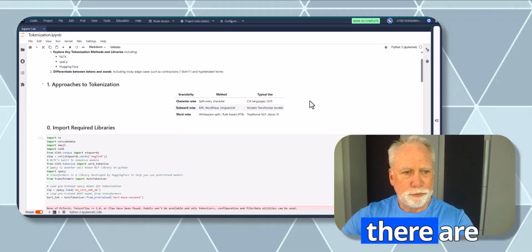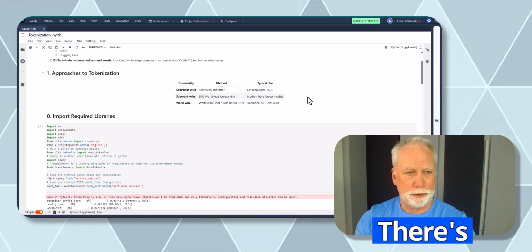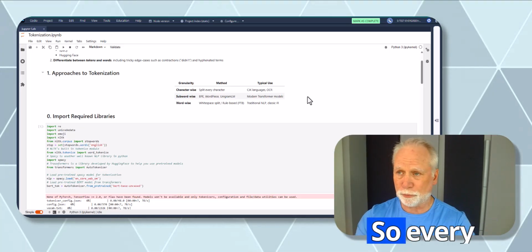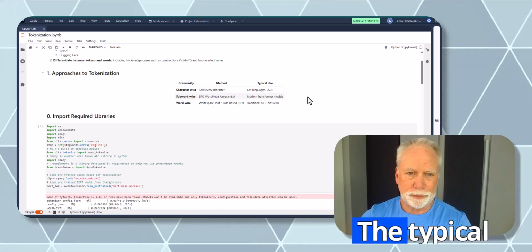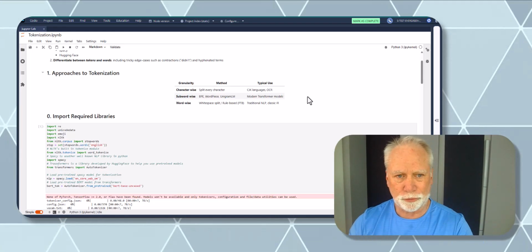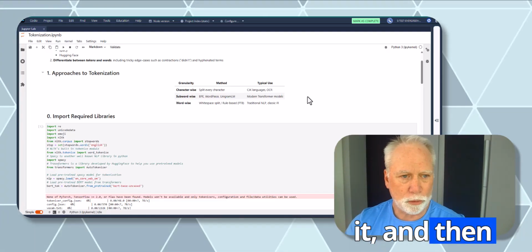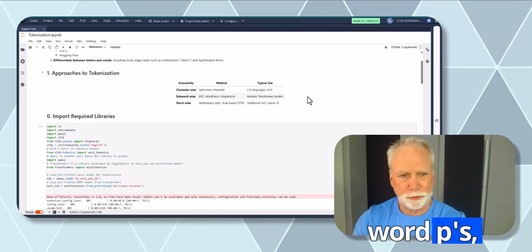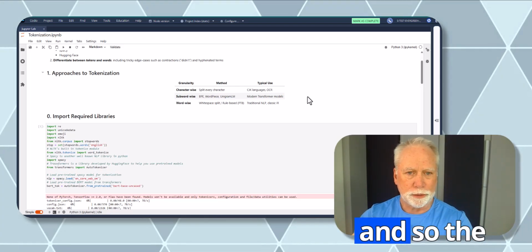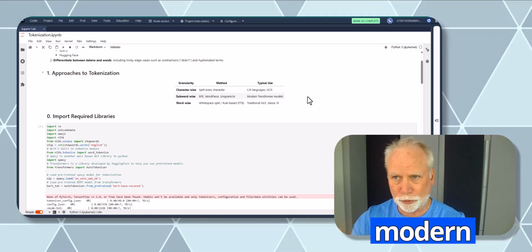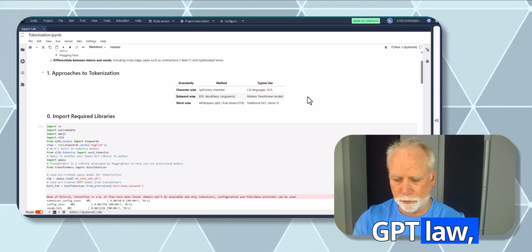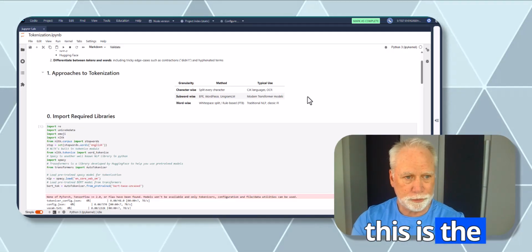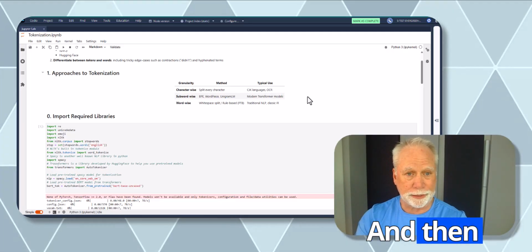There are different granularities. There's character-wise, where I'll split every character; the typical use of this is OCR. Then subword is byte encoding, WordPiece, unigram, and the modern transformer models like GPT and Claude, this is the type they like and expect.